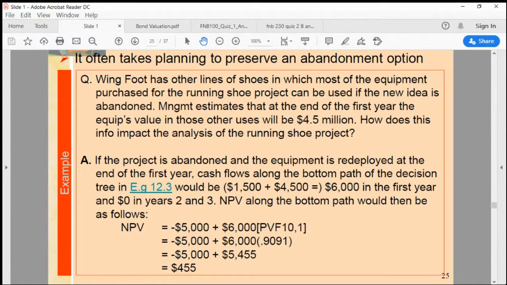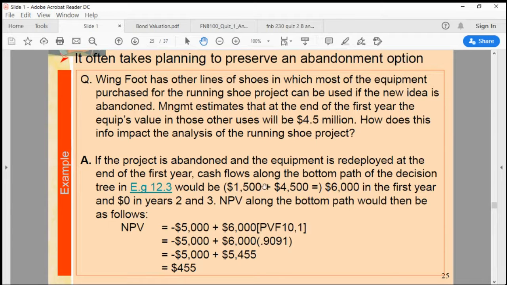If this happens, that means if abandonment happens, it would be the poor case scenario, because the good, excellent case didn't transpire, right?